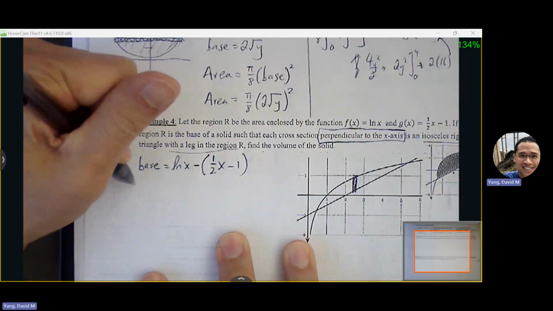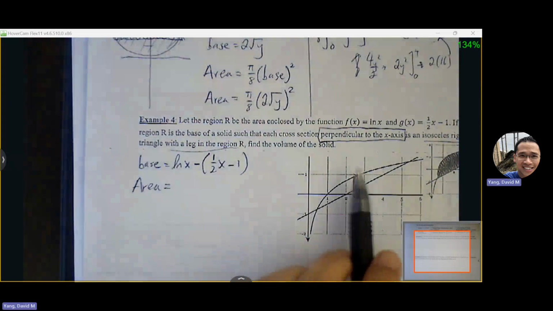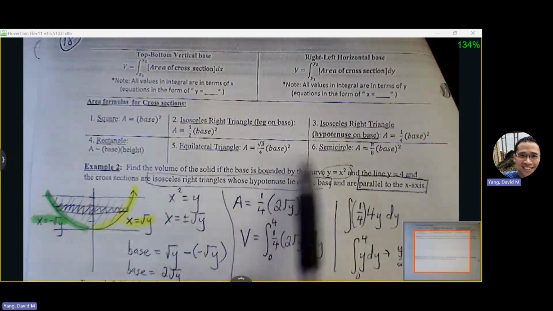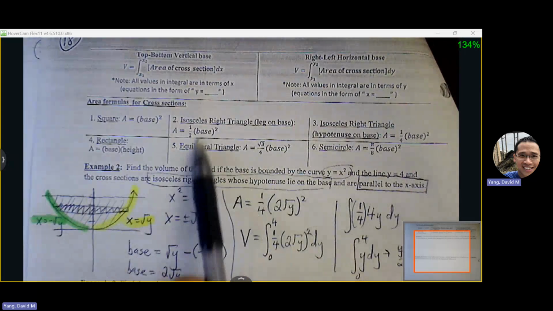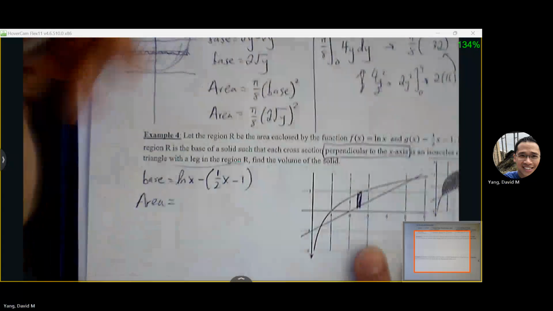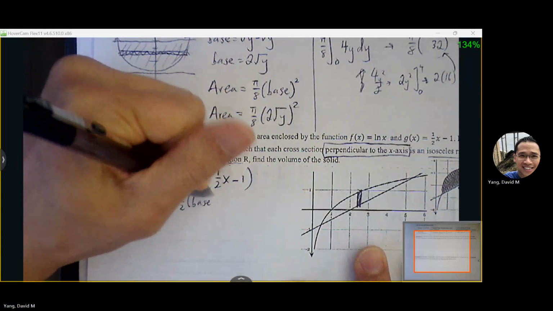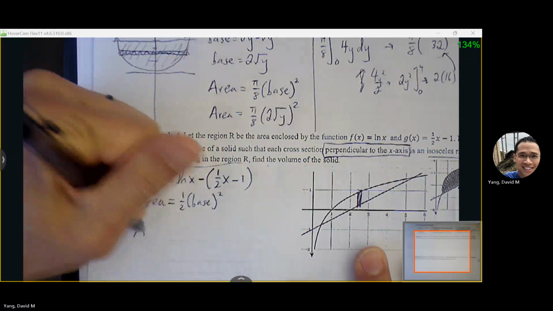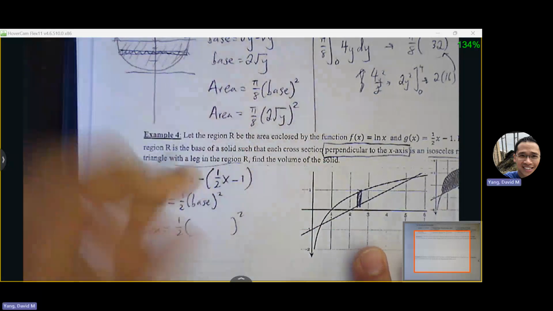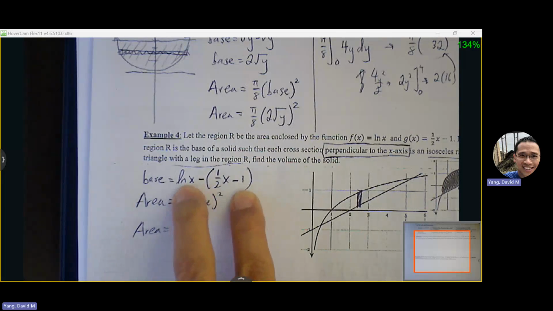But let's go ahead and build the area as well. Area, isosceles right triangle with a leg on the base. So if you go to the top of the page here, isosceles right triangle with a leg on the base is 1/2 base squared. I'm just going to distribute the negative through, so I don't deal with as many parentheses.